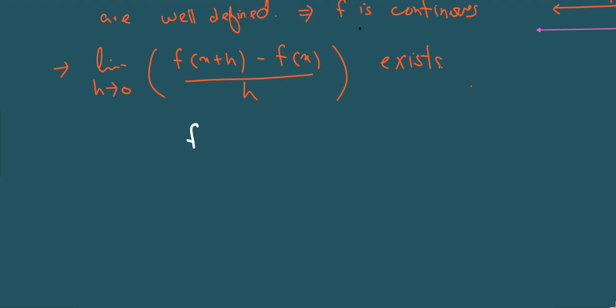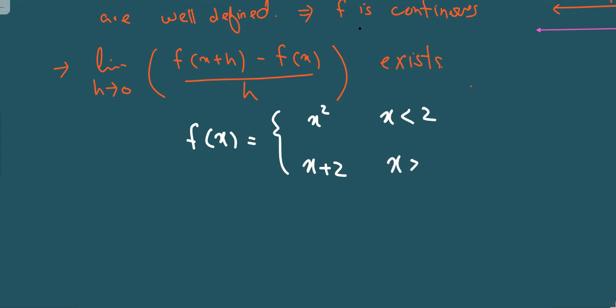My function f of x is defined by x squared whenever x is less than 2, and x plus 2 whenever x is greater than or equal to 2. Clear?